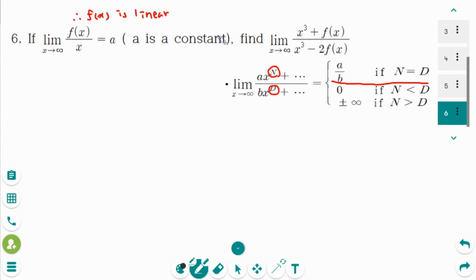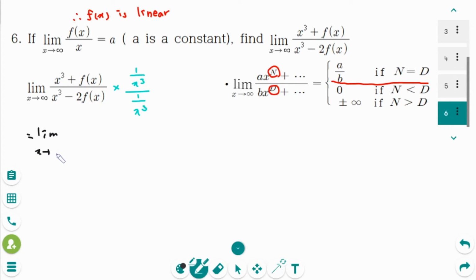Let's go back to original question. It shows an infinity over infinity form. Divide each side by highest power of x in the denominator, which is x cubed, because fx is linear. So times 1 over x cubed and then expand.